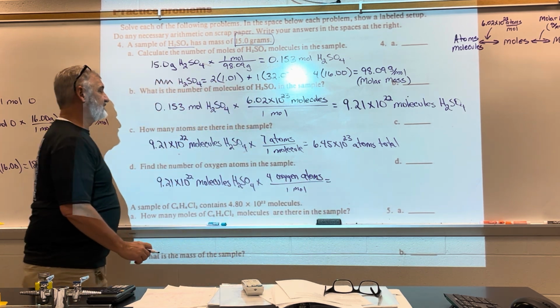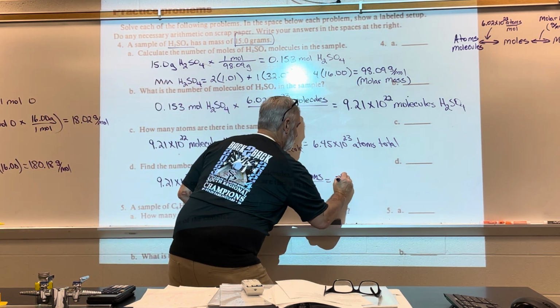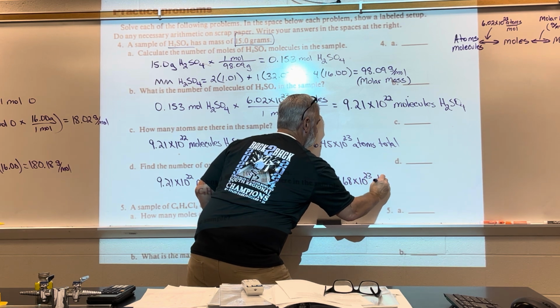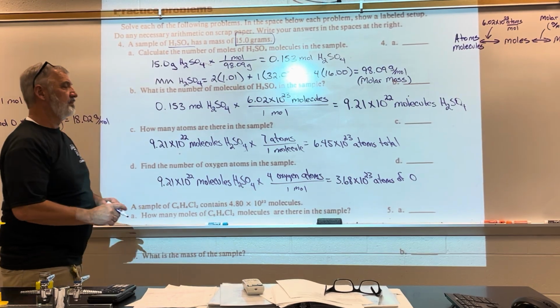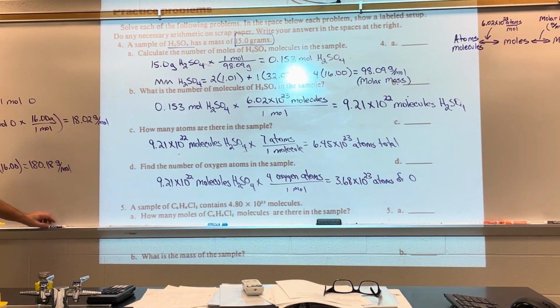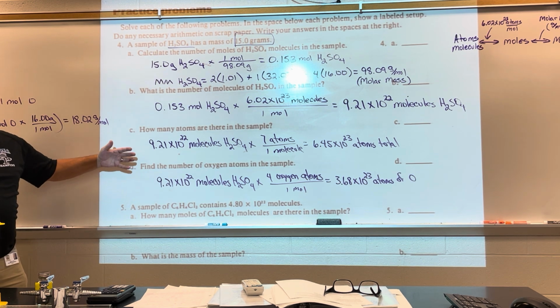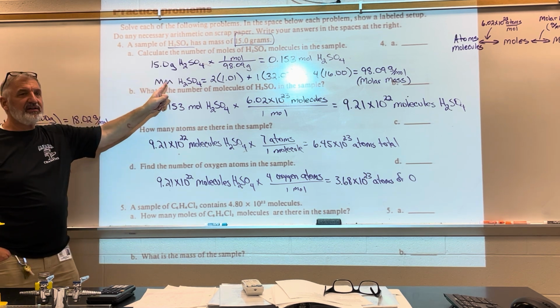And that number turns out to be 3.68 times 10 to the 23rd oxygen atoms. So you do the exact same thing. Now you have an extra step here for differentiating between atoms and molecules, but we're doing the exact same thing, we just have to calculate the molar mass.